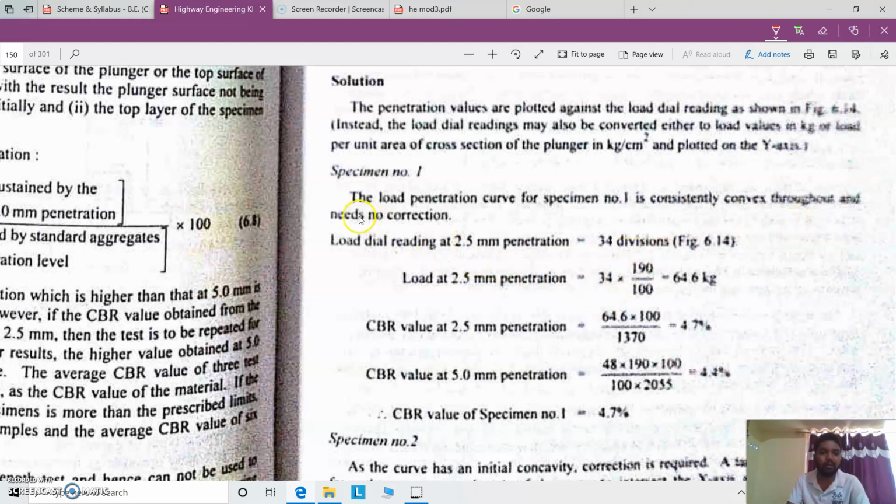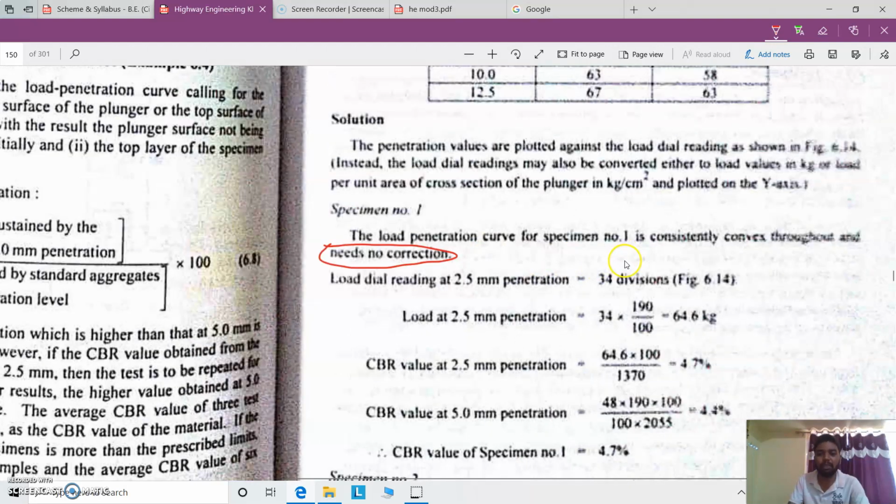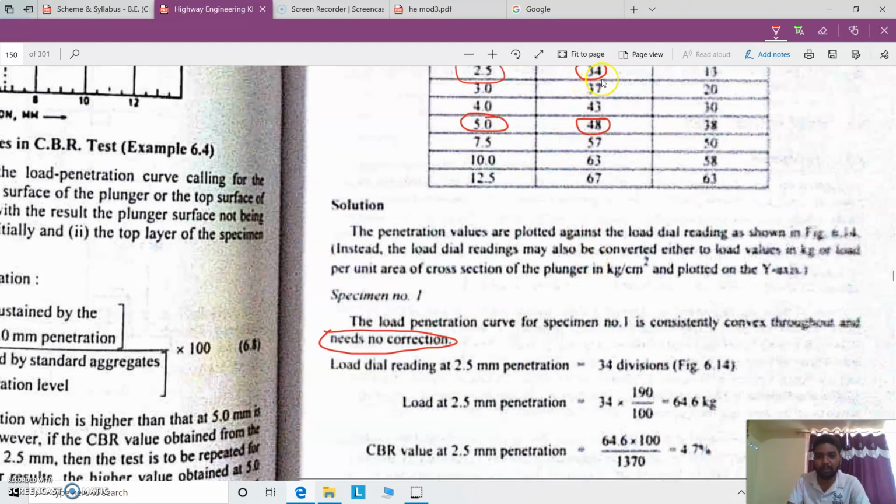So no need of correction. We should mention this line, no need of correction, because it has no convexity at the initial stage. For load dial reading at 2.5 mm penetration we have 34 divisions, right?